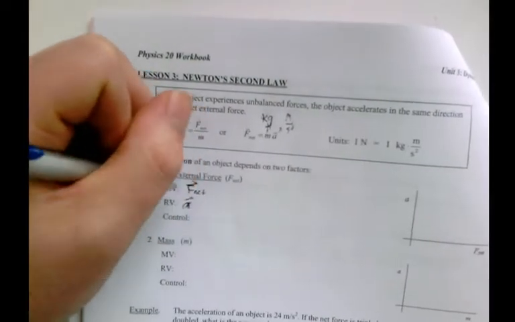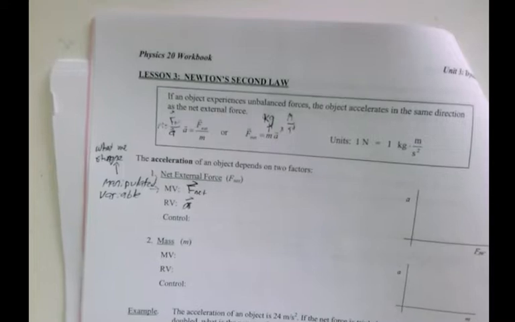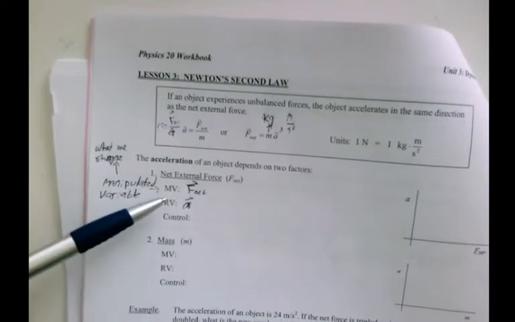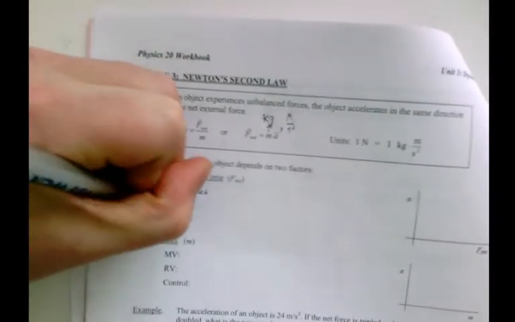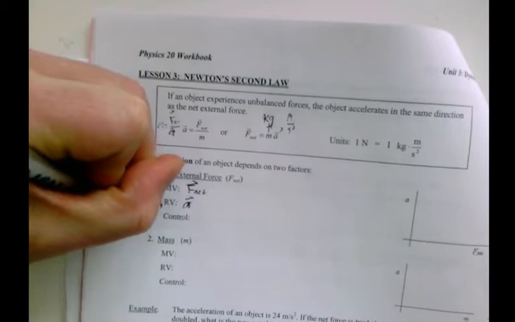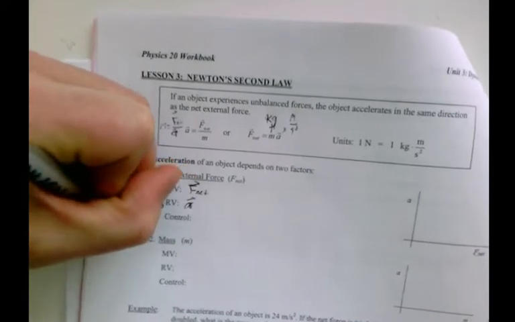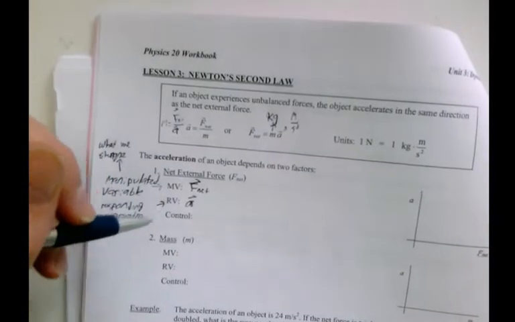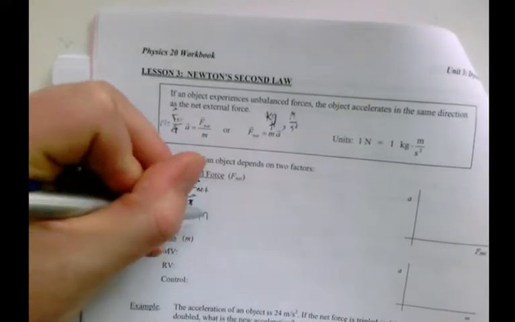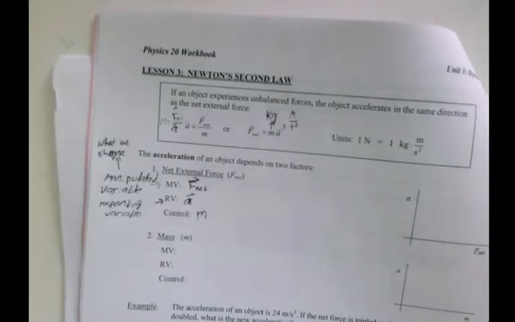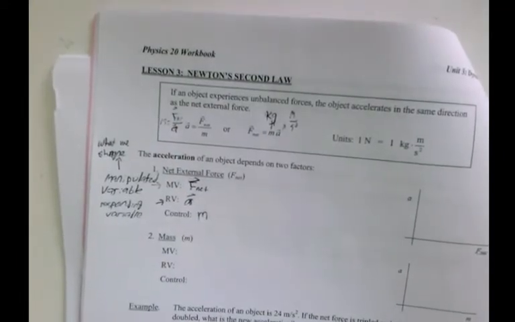So if we're doing a good science experiment, we only want to have one manipulated variable and one responding variable. RV is responding variable. So we're going to have to control the third variable, which is our mass.